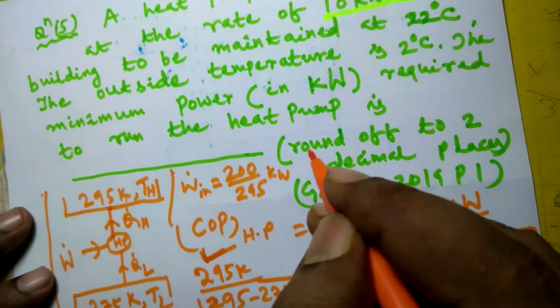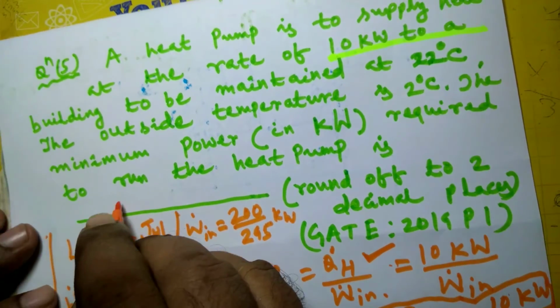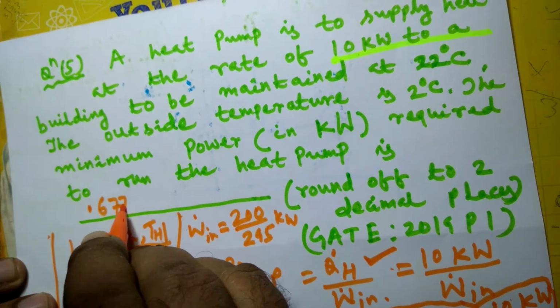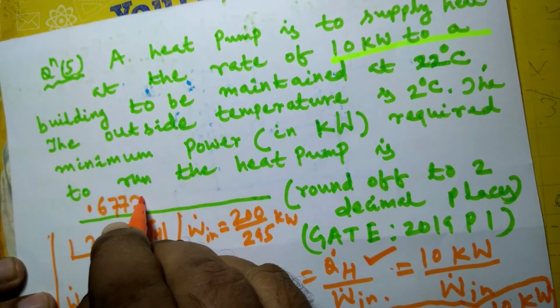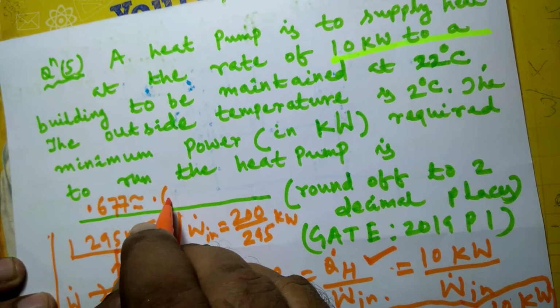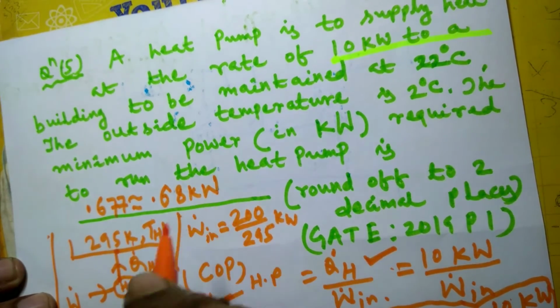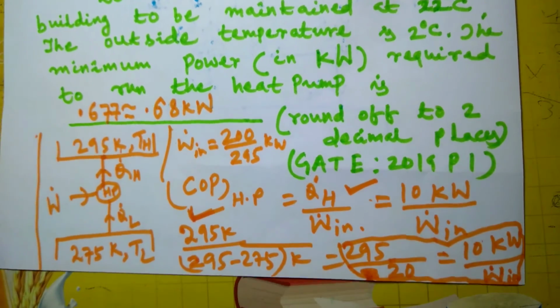On rounding it up to 2 decimal places, in fact it is 0.677, and by rounding it up to 2 decimal places, 0.68 kilowatt. This is the power required.